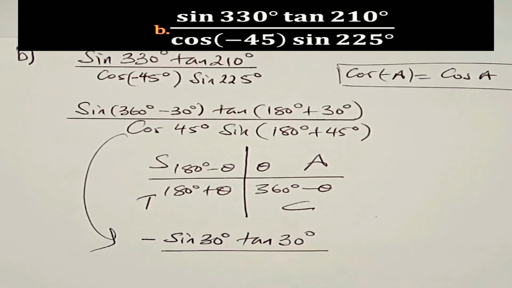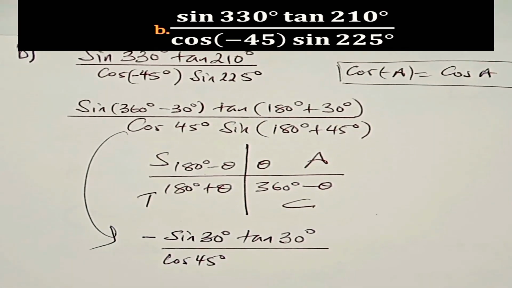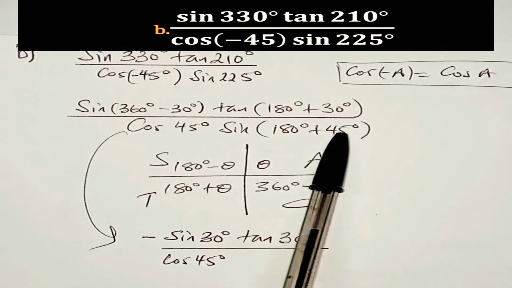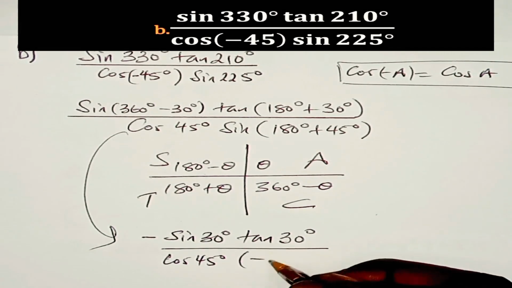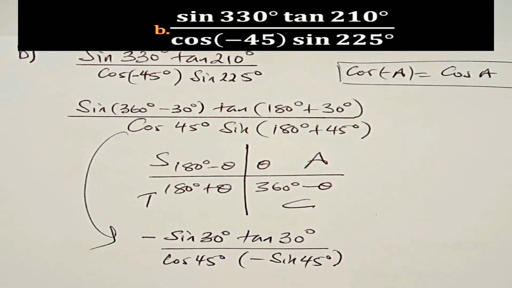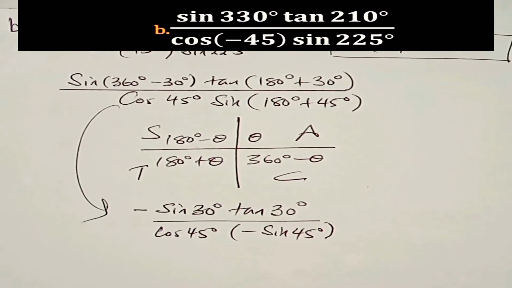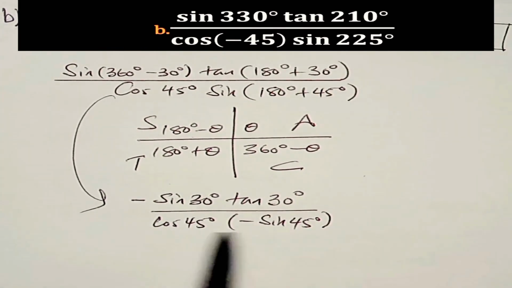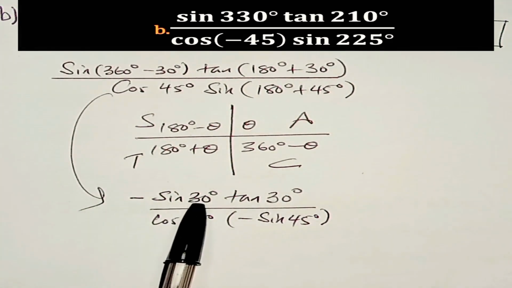Let's divide by cos 45 degrees. And we have sine of 180 plus 45. That's the third quadrant. And sine is negative in that quadrant. So we have minus sine 45 degrees. All right. Now, at this stage, we shall use the special angles to evaluate this. And you know, sine 30 degrees is 1 over 2.